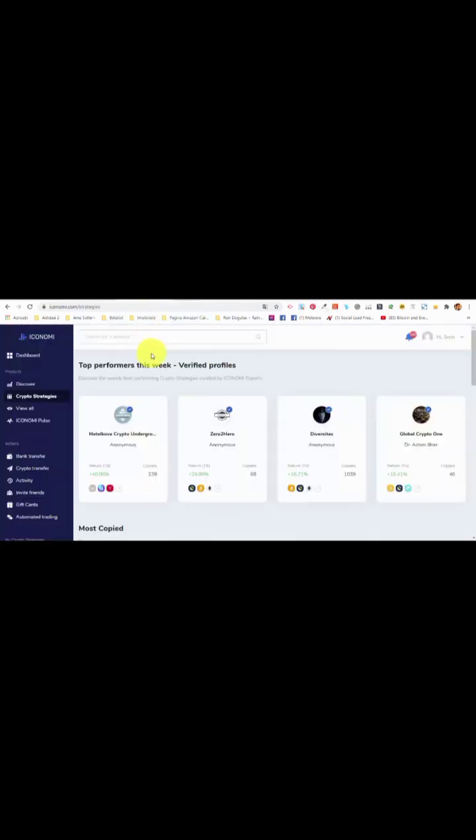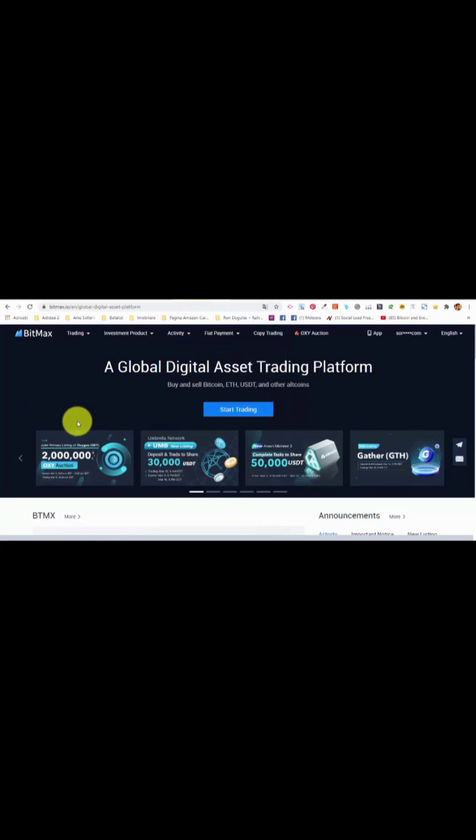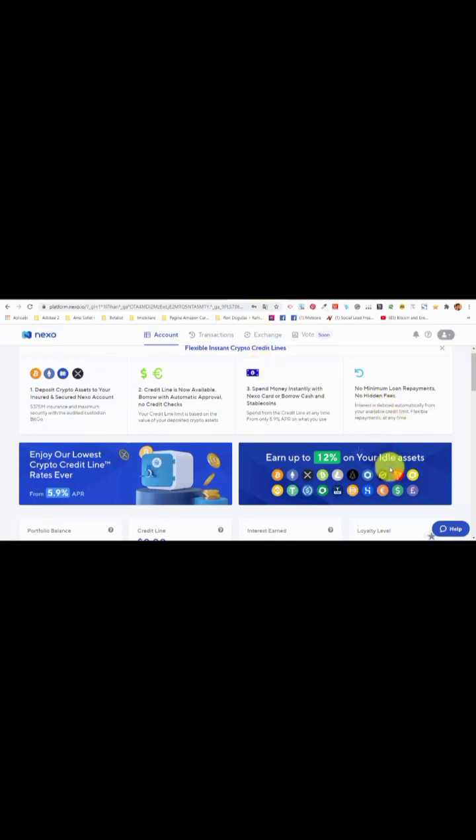Then we have eToro.com, which is a platform for copy trading, and it's pretty secure, pretty big. They have some good volumes over here. Then we have BitMax, which is a very good platform for trading but also for staking. And we have Nexo, which is a custodian platform.